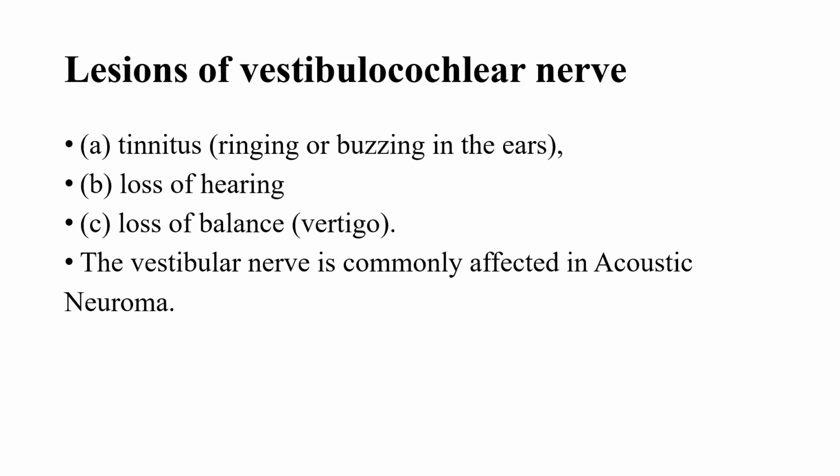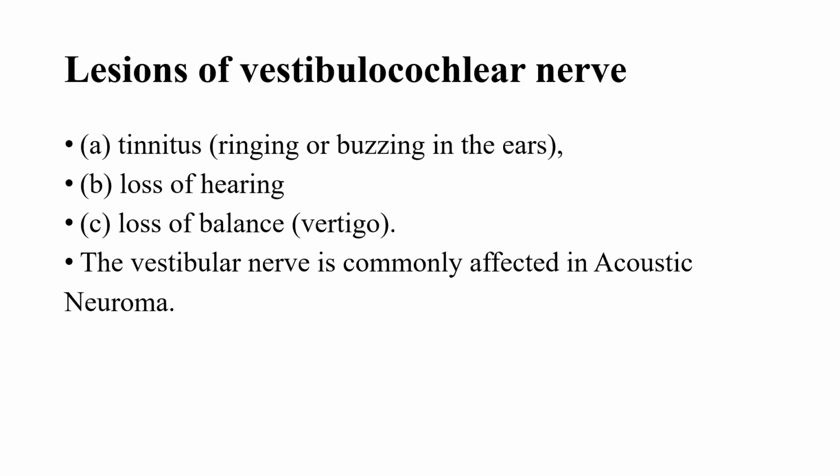Now let's see the lesions of the vestibulocochlear nerve. As you know, it is responsible for the sensation of hearing and for the equilibrium of the body. So if there is an injury to the nerve anywhere on the course, either the vestibular part or cochlear part, there will be loss of hearing, loss of balance, which we call vertigo, and a ringing or buzzing sensation in the ears, which we call tinnitus.